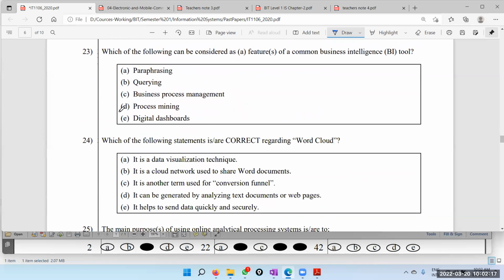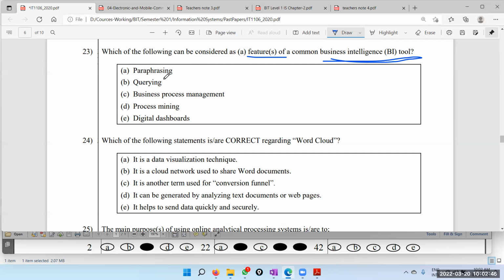Right. 23. Which of the following can be considered as features of common business intelligence tools? Again, tools that provide us that strategic advantage by helping us understand the trends, patterns, etc. Paraphrasing is definitely not to do with this.